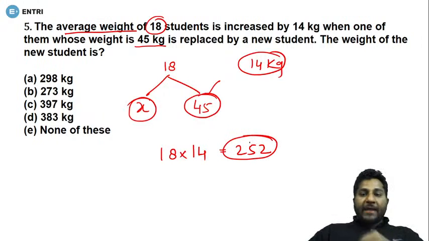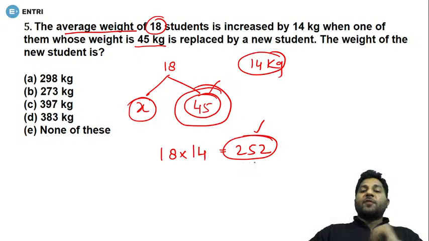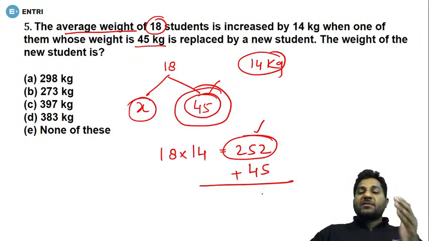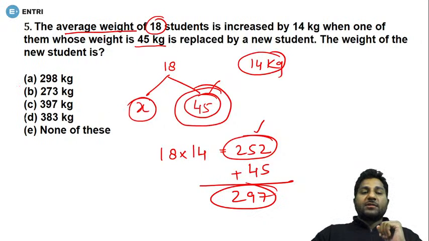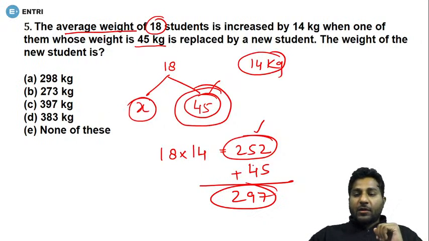And this 252 has been increased while replacing with this 45 kg member. So the replaced member was of 297 weight. So your answer would be E option.